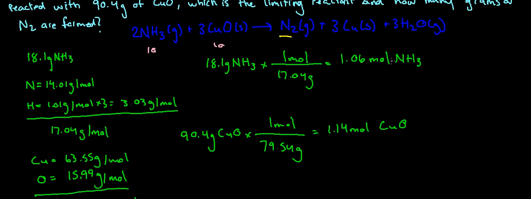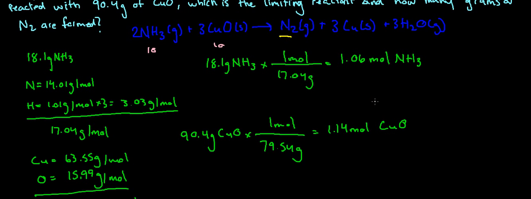So if I pick NH3, I want to figure out how much copper it would require to completely react all of this ammonia. And if I pick copper, I want to figure out how much NH3 it would take to completely react 1.14 moles of copper oxide.